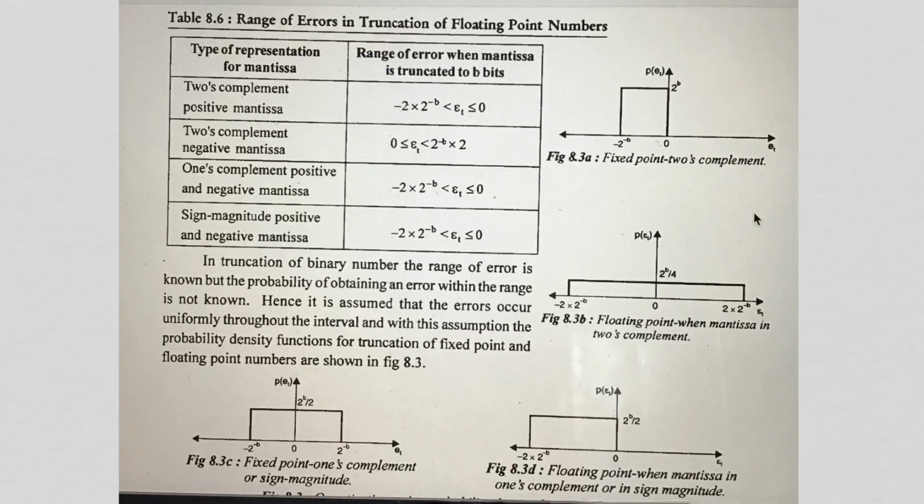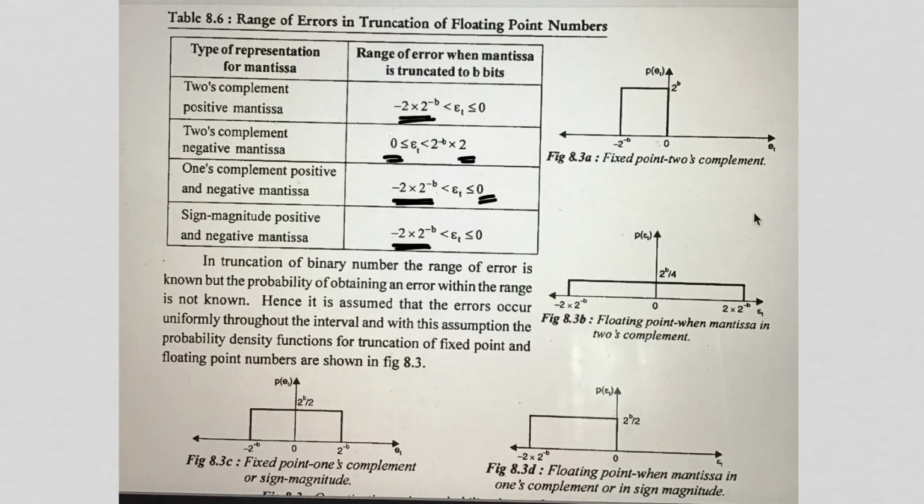For a 2's complement positive mantissa, you will get minus 2 into 2 power minus b to 0. Whereas for a 2's complement negative mantissa, I will get 0 to 2. For a 1's complement positive or negative mantissa, it is minus 2 into 2 power minus b to 0. For a sign magnitude positive or negative mantissa, the error lies within the range of minus 2 into 2 power minus b to 0.